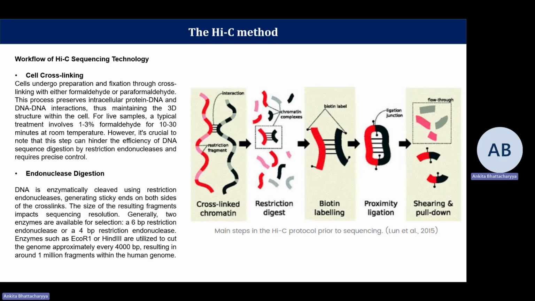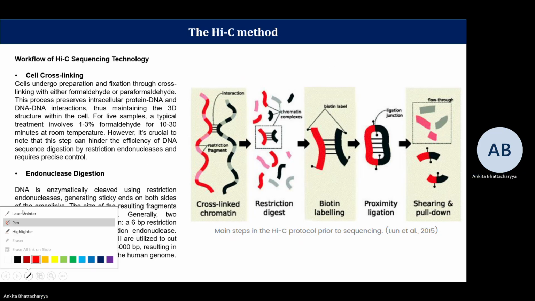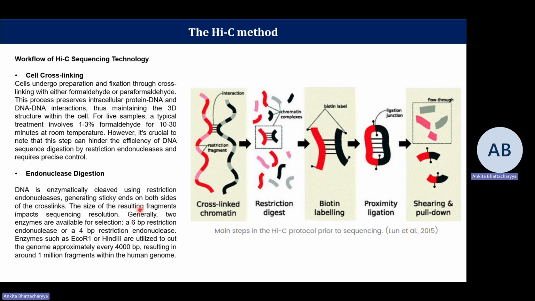Generally, there are two enzymes that are selected. One, a six base pair recognition motif containing enzyme, or a four base pair cutting restriction enzyme.